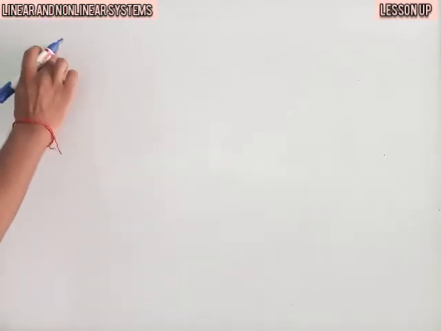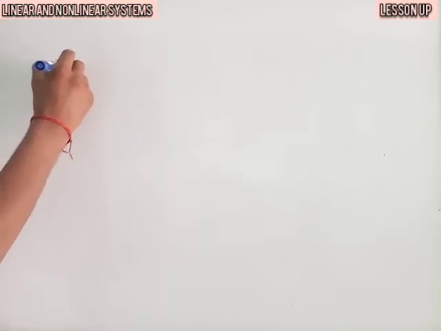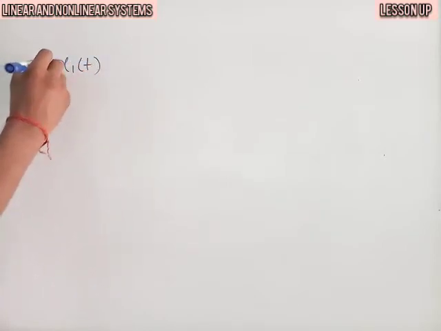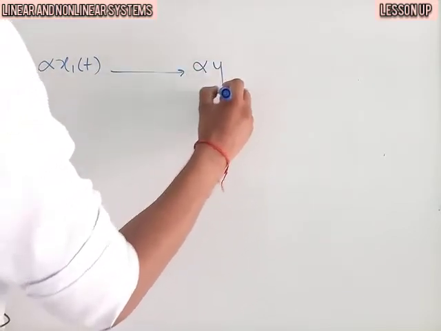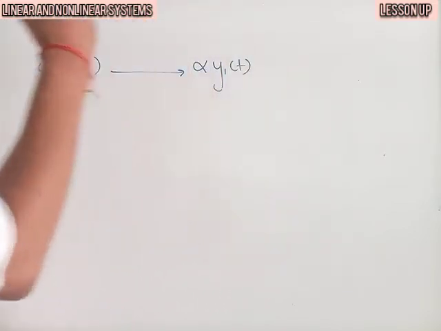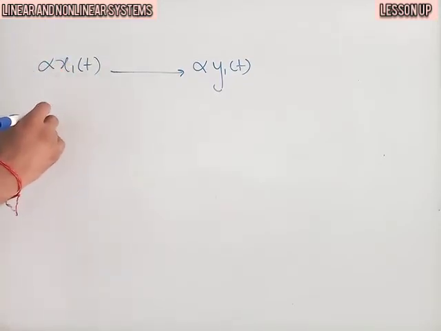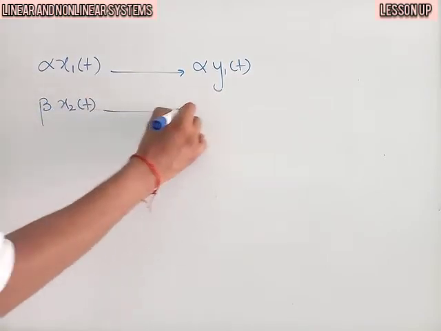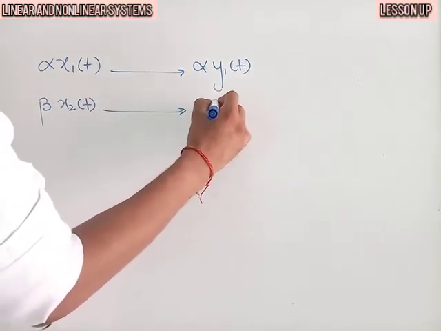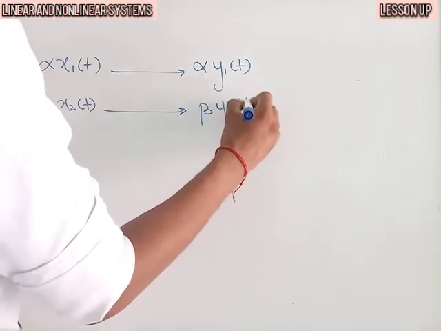So, according to this, if you give input alpha x1 of t, you will get output alpha y1 of t, and if you give beta x2 of t, you will get beta y2 of t.